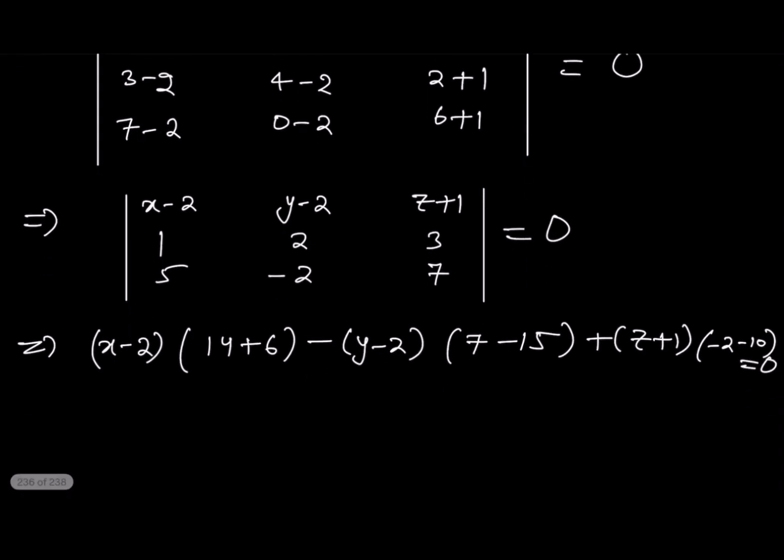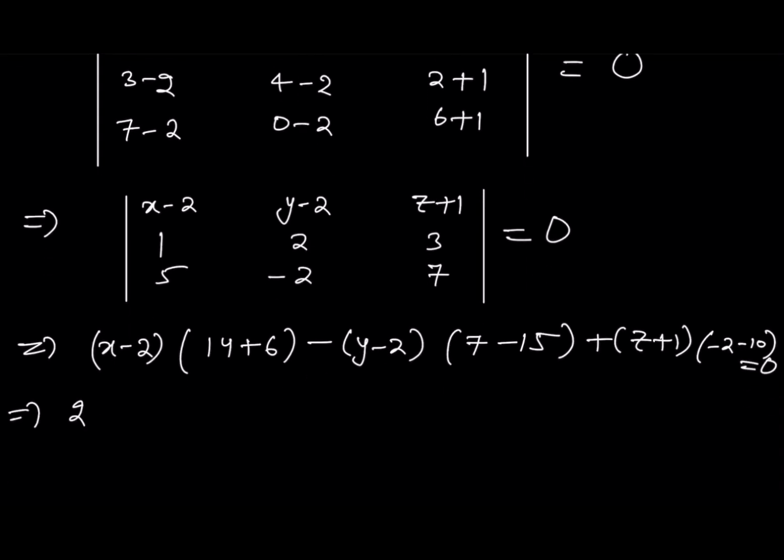So it will become 20x minus 40 plus 8y minus 16 minus 12z minus 12 equal to 0.